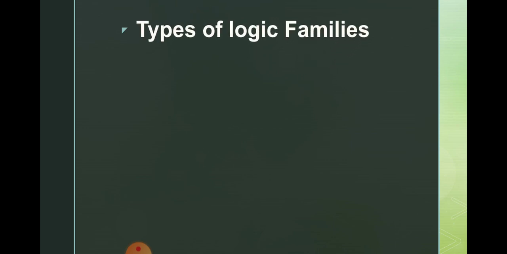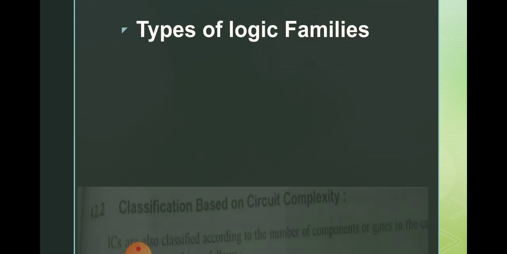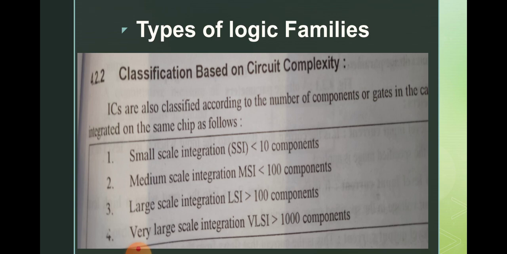Now let us move towards the next topic, that is types of logic families based on circuit complexity. Different types of ICs are classified according to the number of components or gates which are used to fabricate them.